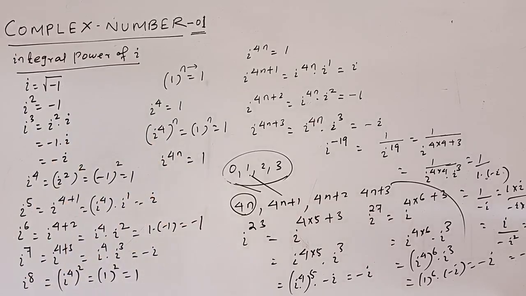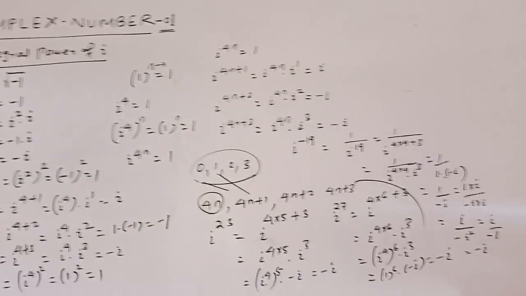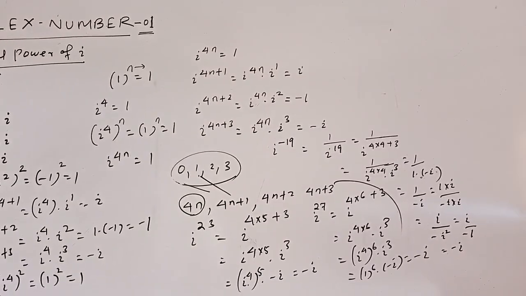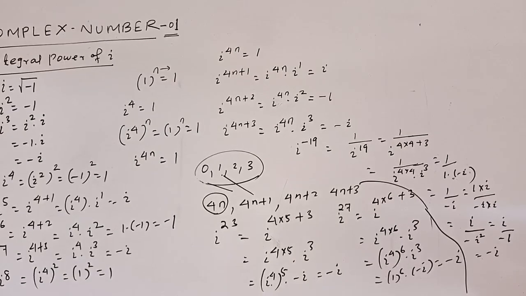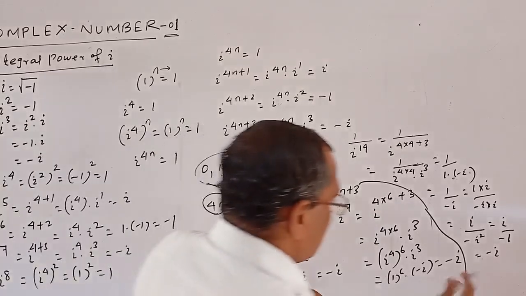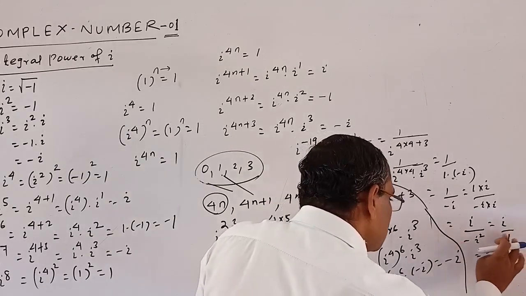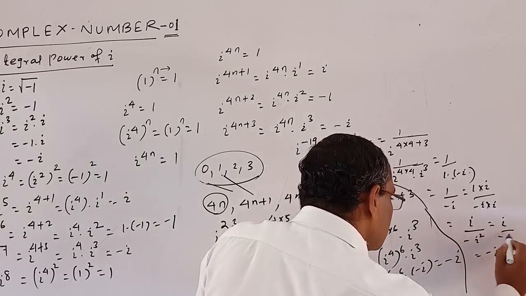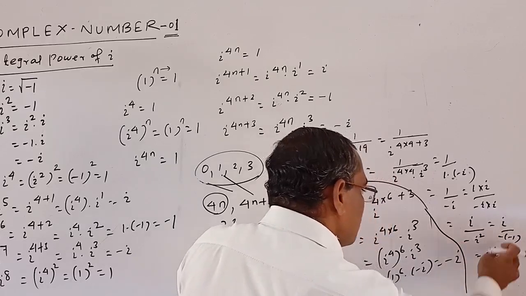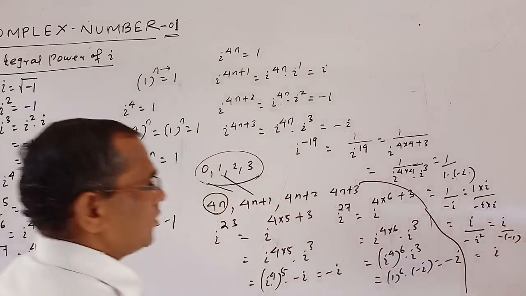Here i by i square is i by -1, and this is minus i. So i square equals -1, so -1 into minus i, this is i square means -1 into -1, so this is 1 by i to the power 19 equals i.